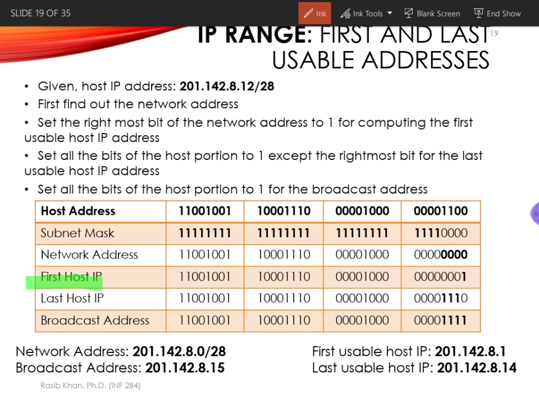So given the 4 bits in the host ID part, we set 1 to the last bit from the right. So once we set this, we again convert the whole number, and that would be our first usable IP address for any host.